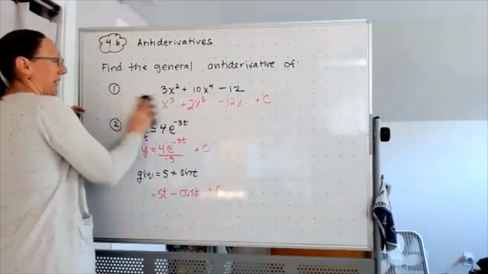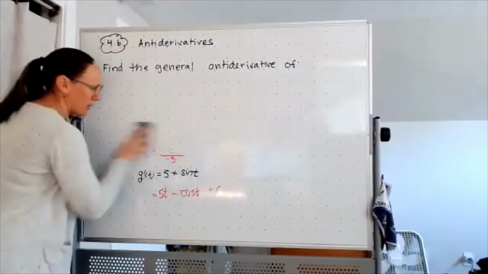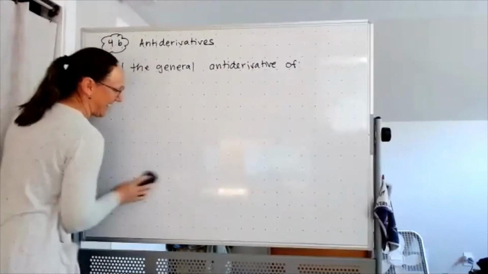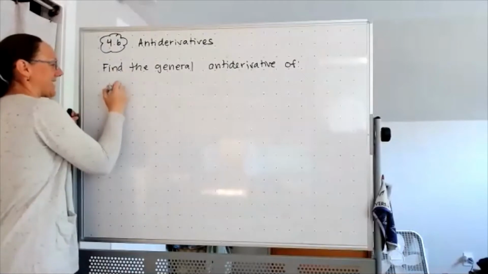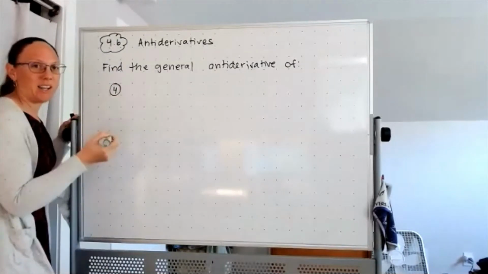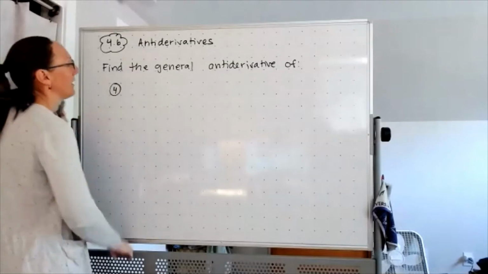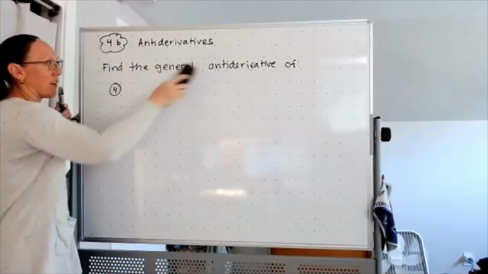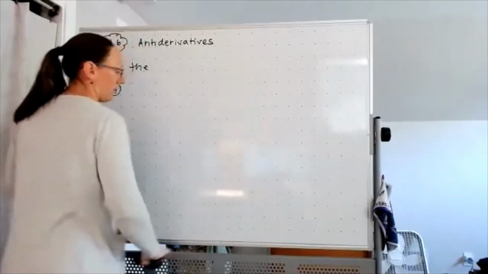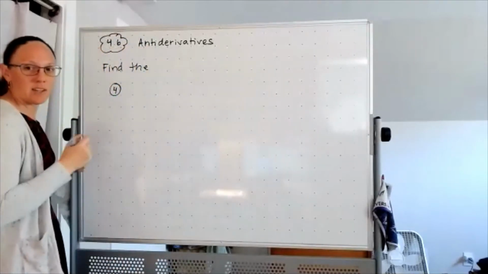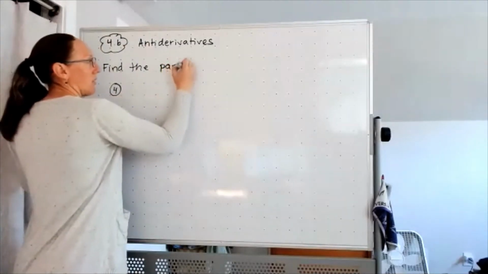And I'm even going to make it have gross fractions. And what I mean by gross fractions is that, let's say on this next one, so here, instead of finding the general antiderivative, we are going to find the particular solution.